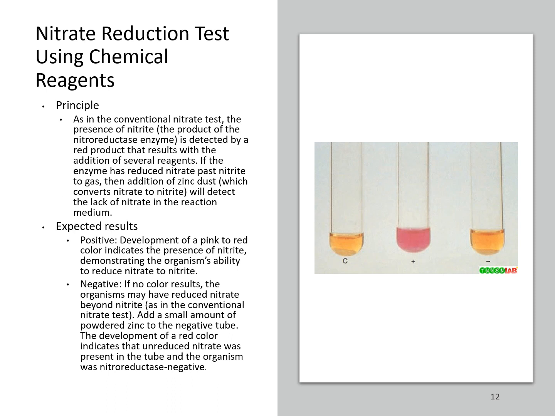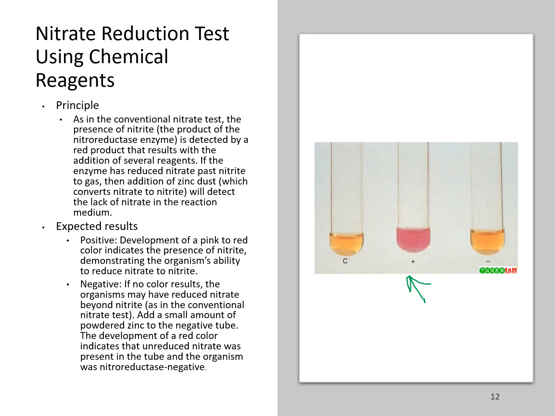So if the enzyme has been able to reduce nitrate to nitrite, then you would add the zinc dust, which will convert the nitrate to nitrite, and that will detect the presence of nitrate in the reaction medium. So positive would be the development of the pink color, which indicates the presence of nitrite, demonstrating the organism's ability to reduce nitrate to nitrite, so you have that pink color there in the center. And then a negative would be no color change.